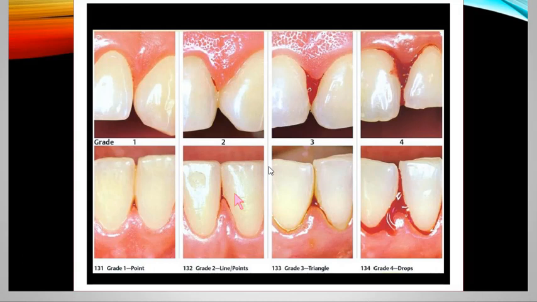However, at that point, if things are the same, we're going to make some recommendations for scaling and root planing and gum disinfection. So this chart is up and available to patients and to the hygienist, so we're all on the same page with terminology and policies in our office.